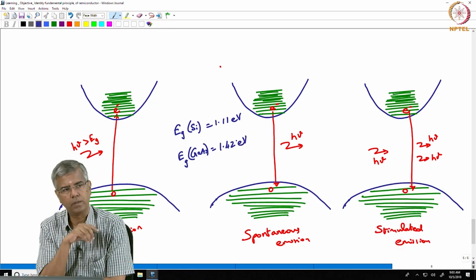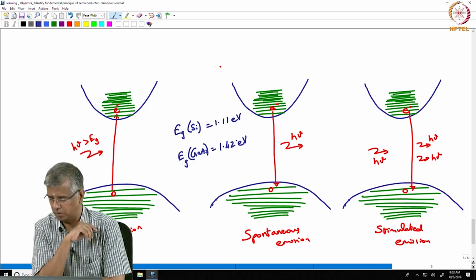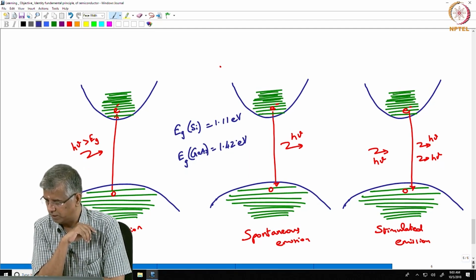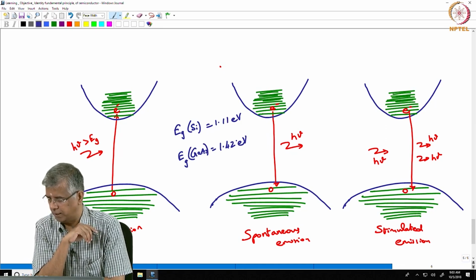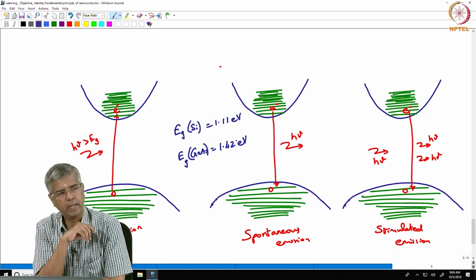So, you have light emission when this recombination event happens, and you could possibly look at light emission also being stimulated.